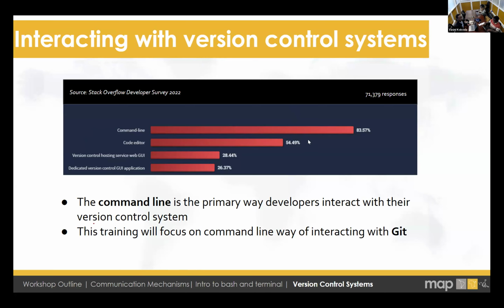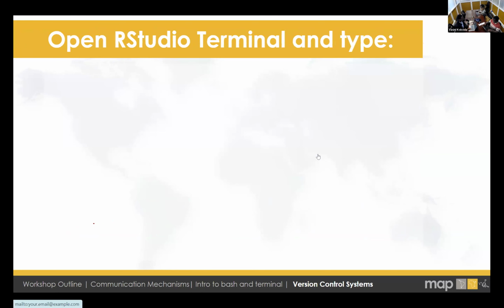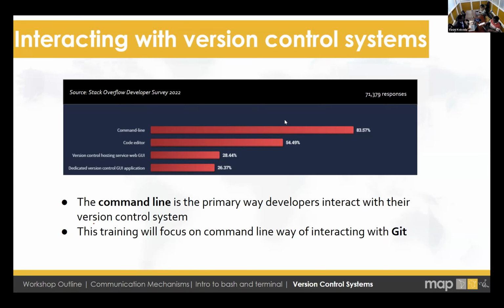Like the commands we saw for Bash, we also have them for Git. You write the commands and it helps you to manage or track your changes. According to the same survey, the majority were using the command line to interact with Git. And we have other ways like code editors.